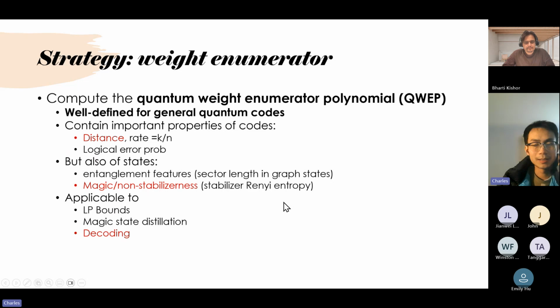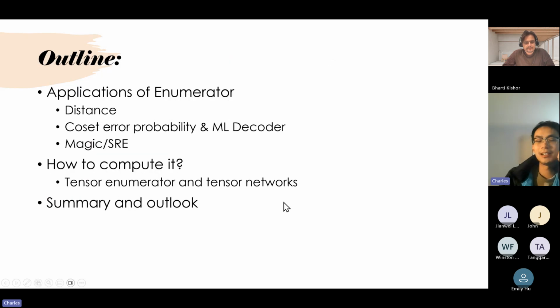Okay, so that is the strategy, and the outline is essentially first to convince you that this weight enumerator polynomial is actually useful, by introducing a few applications, such as how to find the distance, how to find logical coset error probabilities in service to maximum likelihood decoding, and how to, for example, compute magic in the form of stabilizer Renyi entropy.